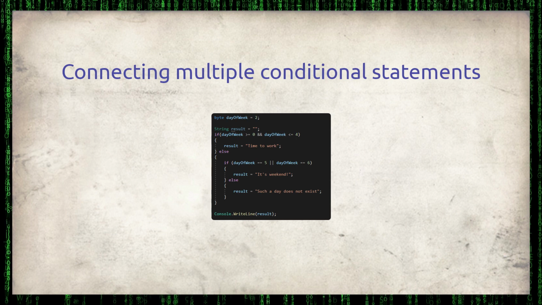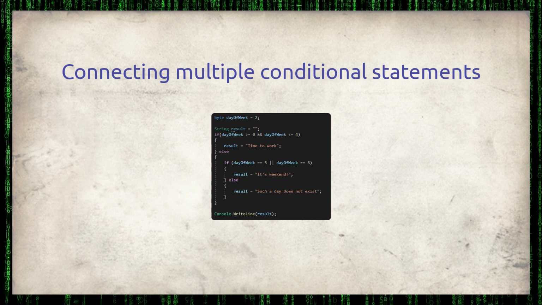But let's say we're running through this again from the top, and the variable's value is 32, not 2. The day of week is 32. That is not a valid day, your days are from 0 to 7. So when we get to our if statement, the first evaluation fails, because the day of the week is not inclusively between 0 and 4.